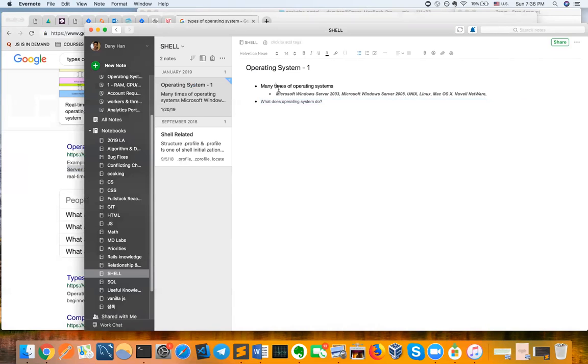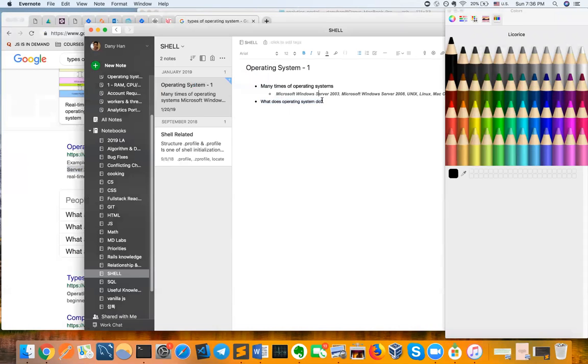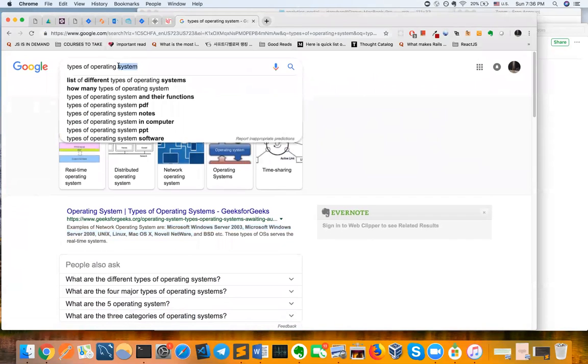Yeah, an operating system pretty much lets you, the end user, use the computer by accessing the kernel for the end user. Okay, that's pretty good. All right, so let's Google this.